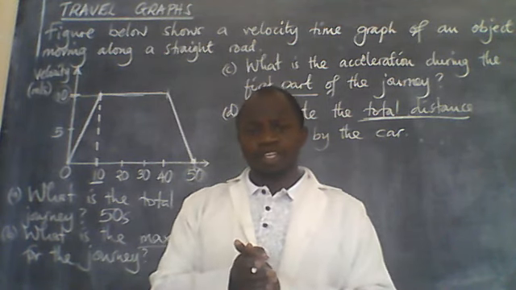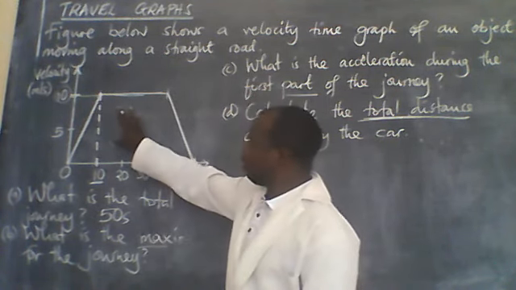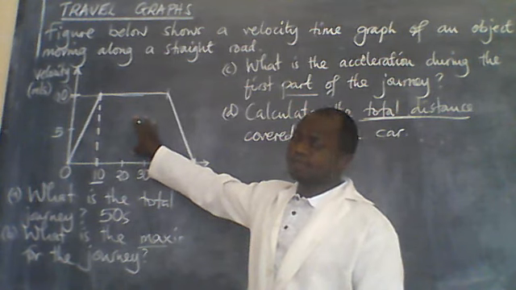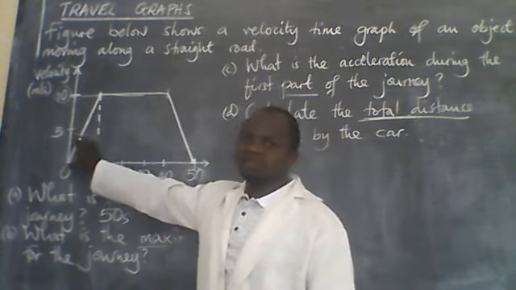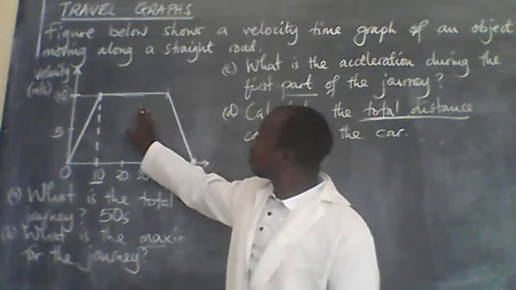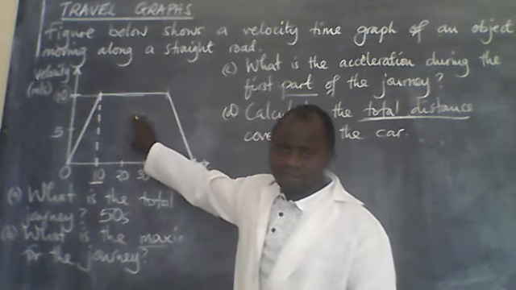Two ways of finding the area. If you look at this shape here, what shape is this? This is a trapezium.